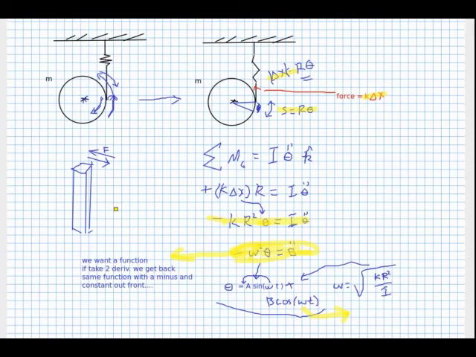Well, to find the period of an oscillation, the cosine function or the sine function is going to repeat itself the first time when the stuff inside the argument to the cosine function is equal to what? Say it out loud. 2 pi, correct. So when omega t is equal to 2 pi, it's going to repeat itself, and we can use that to solve.